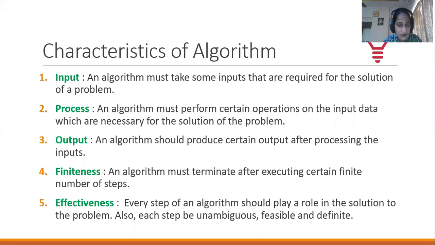We have also seen that an algorithm should be finite, which means it should terminate after executing a certain number of steps. It has to be effective also, which means every step written into the algorithm should lead to a logical end on why this step is written. The steps should be unambiguous, which means if I read it or someone else reads it, there has to be a clear-cut meaning of what the step wants to say.